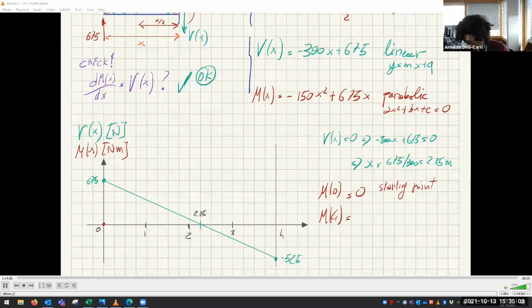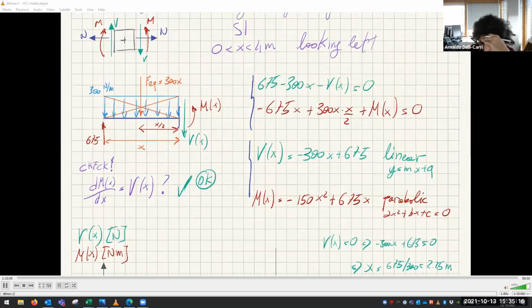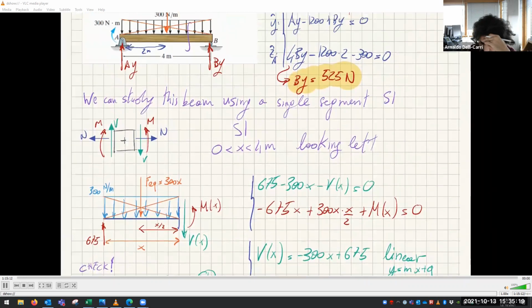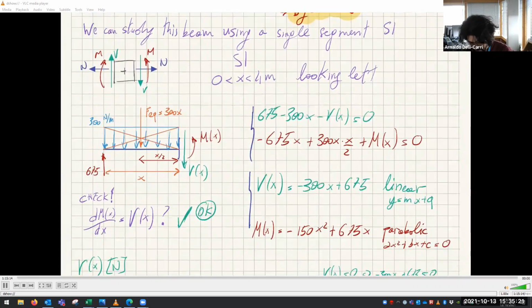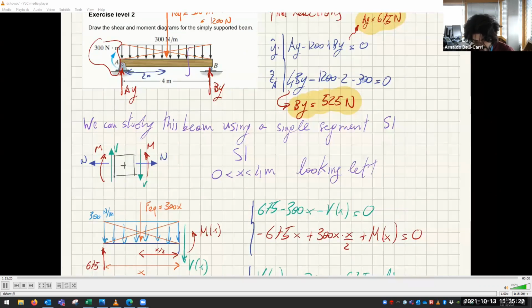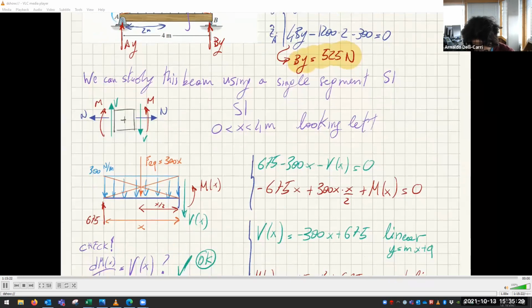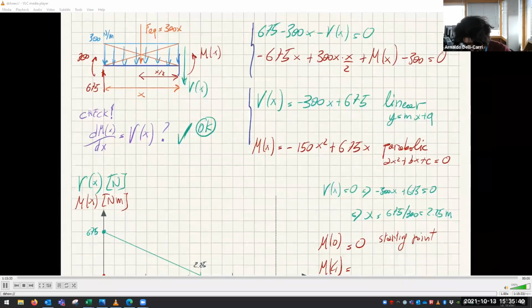M of 4 is 150 times 16, 2400 minus. Did I miss anything? I think I did. Oh, yes, guys, I'm missing something here. Remember, 300 Newton meters, it was here. So this is negative, so it must have been added here. So that means I must add 300 here.